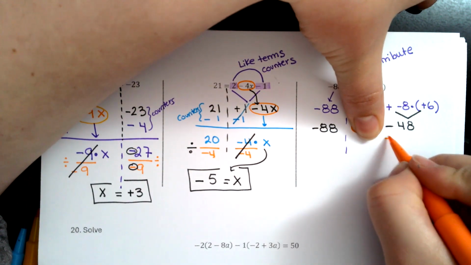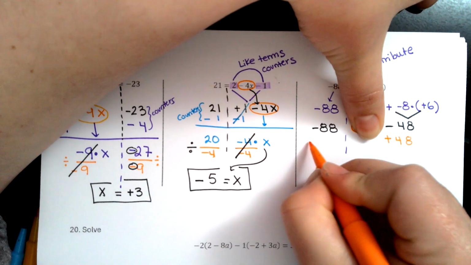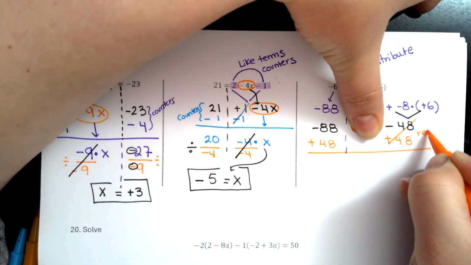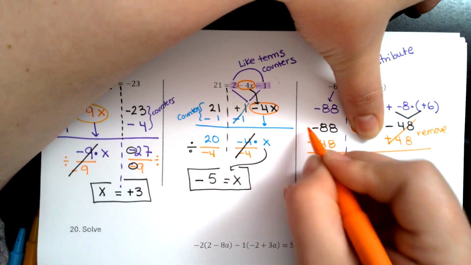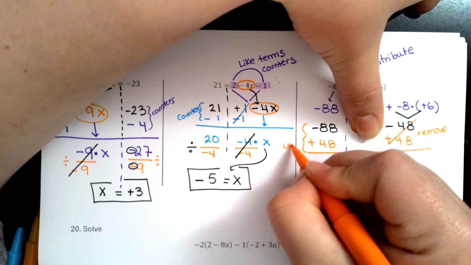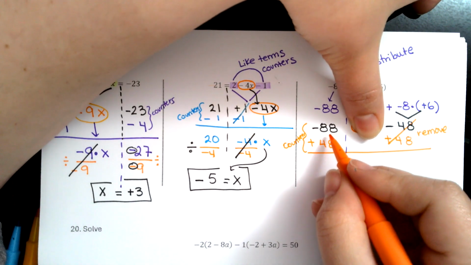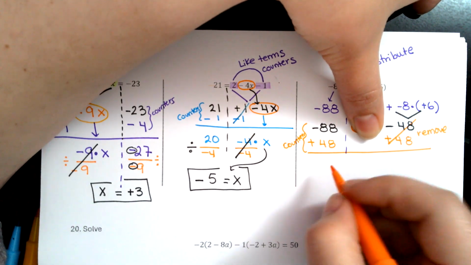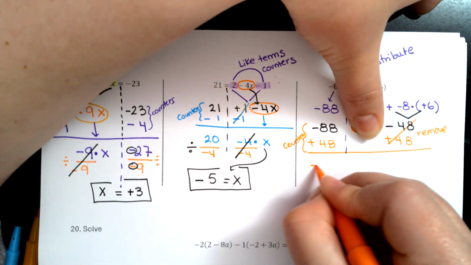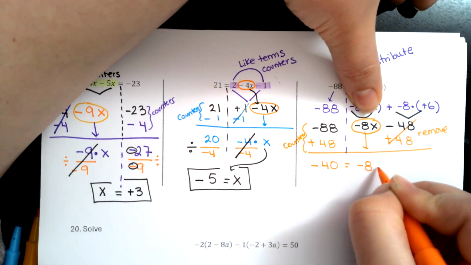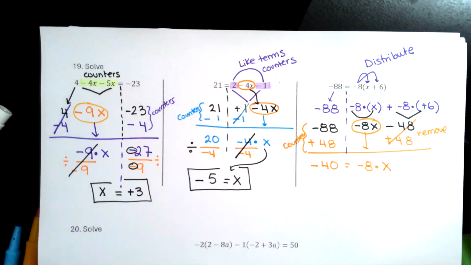That means I'm going to add 48 to both sides. Again, remove on one side, counters on the other. So we get 88 minuses and 48 pluses that give us -40 equals, bring down the -8 times x.